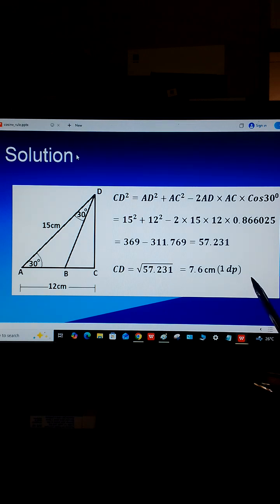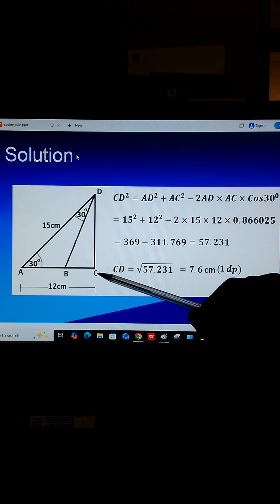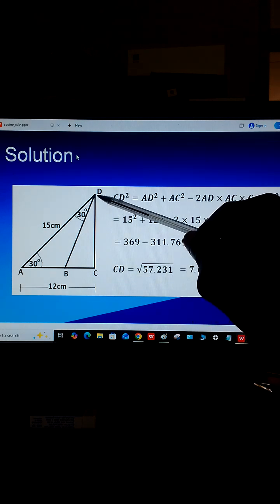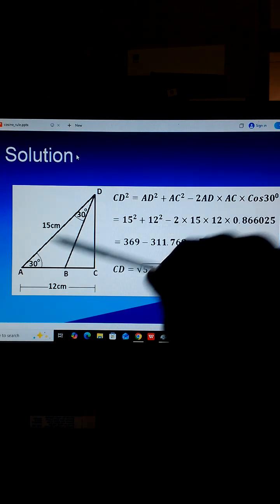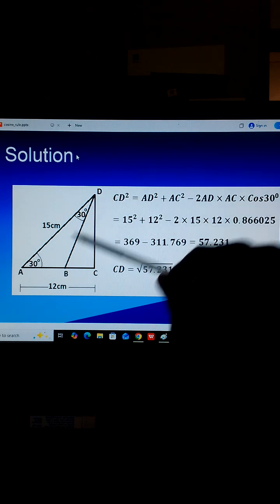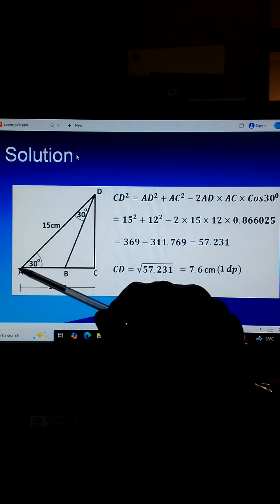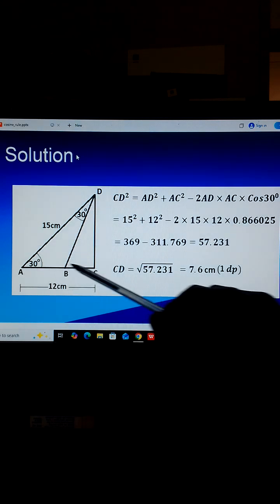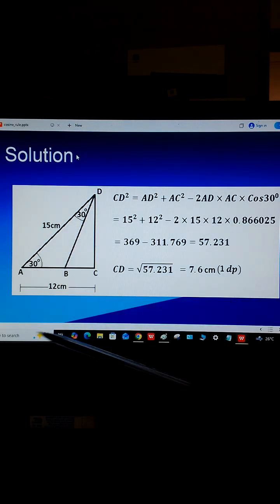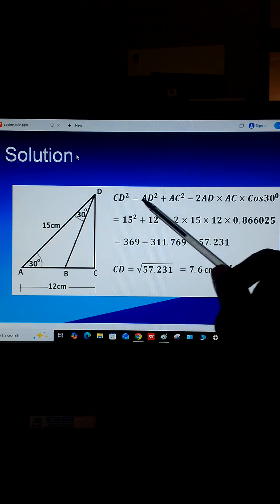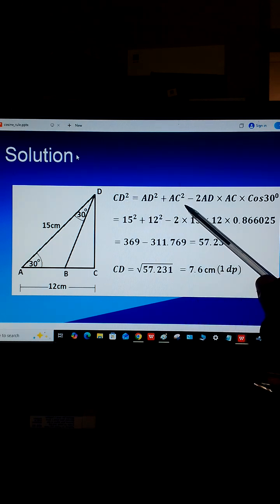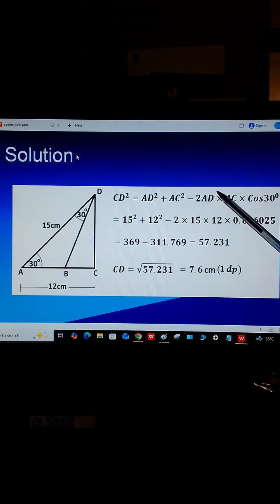Using the cosine rule, we know that the required side CD squared is equal to AD squared plus AC squared minus 2 times AD times AC times cos 30 degrees.